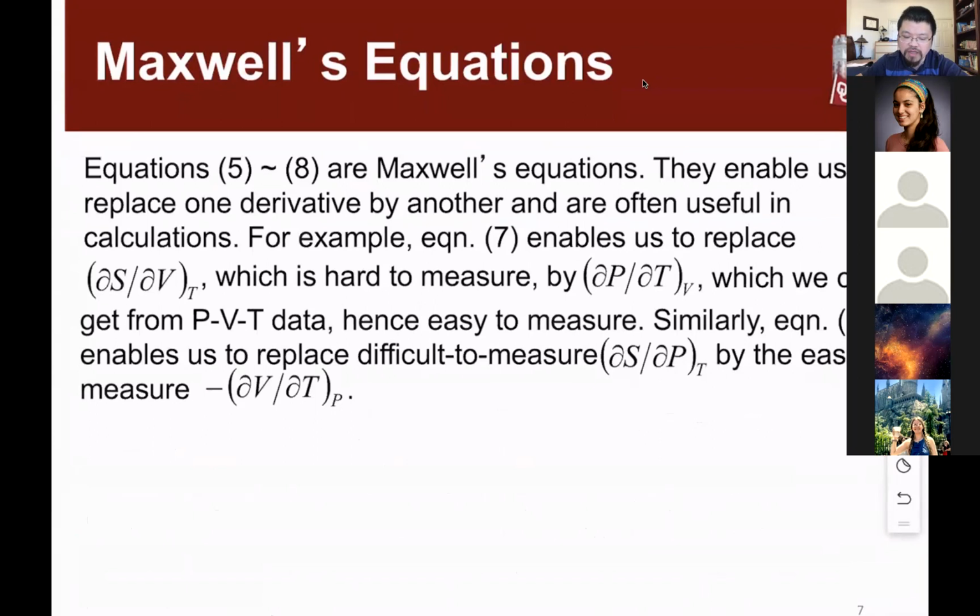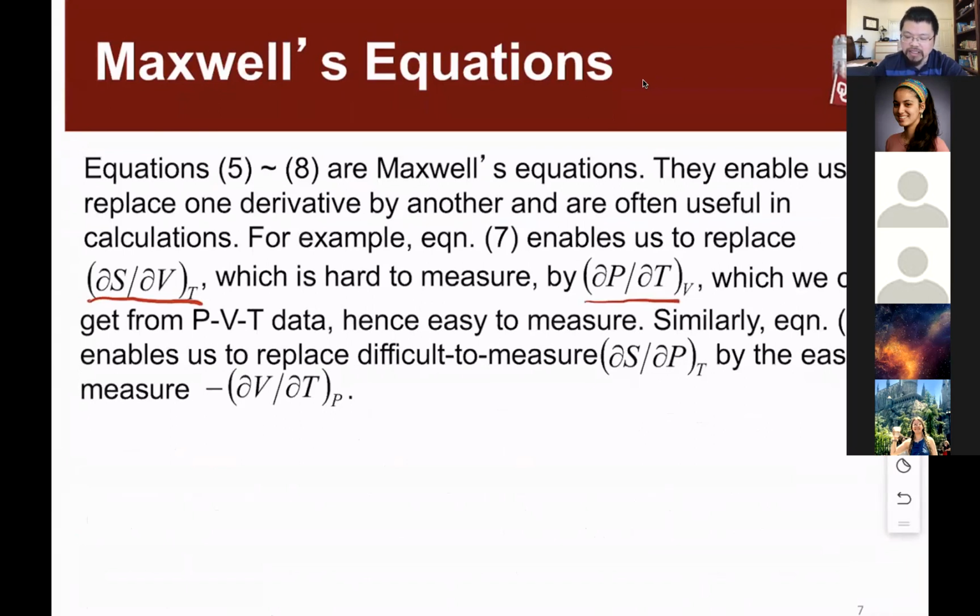And I've added some notes on this slide, trying to further illustrate and convince you that the Maxwell equations are very useful if you are dealing with those quite hard to measure quantities involving the entropy term, and you can easily correlate that to the PVT term.